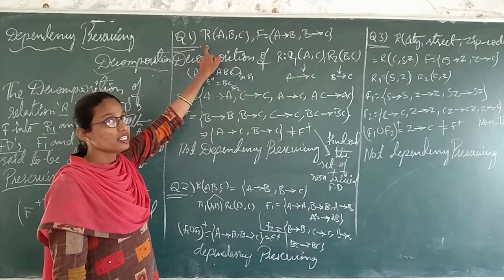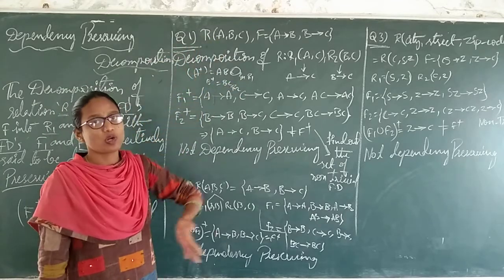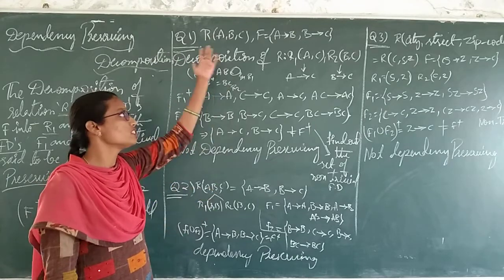R is a relation, and in this relation we have some attributes A, B, C. These 3 are the attributes of this relation.